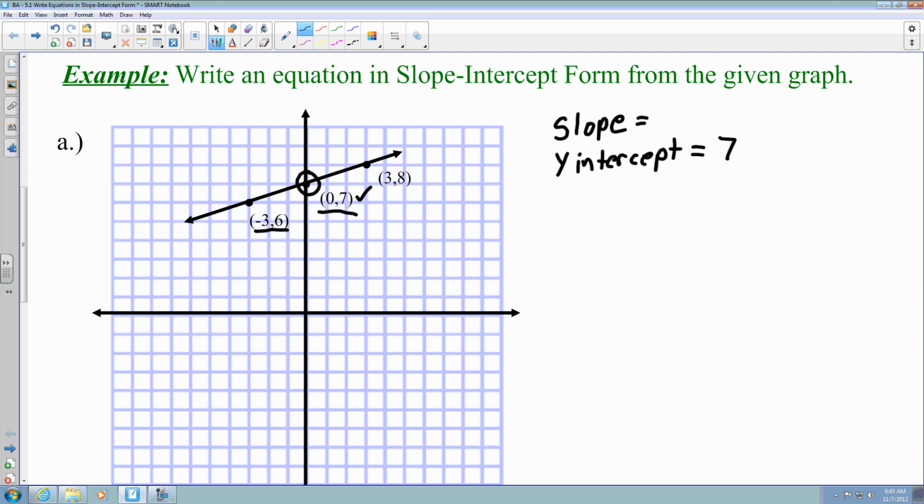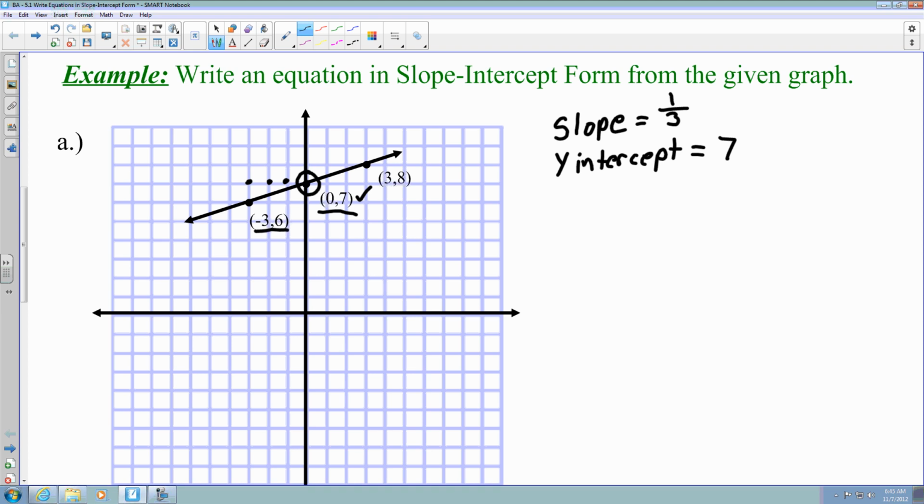So I rise 1 and I run to the right 1, 2, 3. So with that being said, our slope is 1 over 3. We rose 1 positive unit, and then we ran 3 positive units to the right.